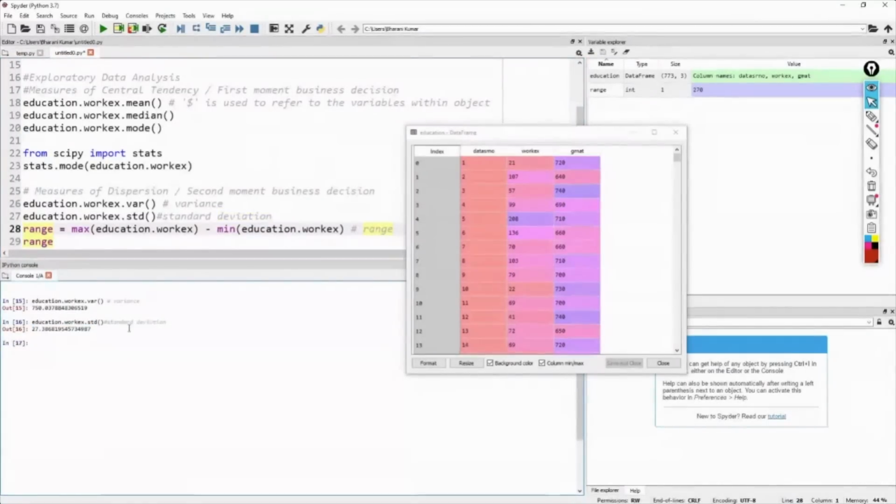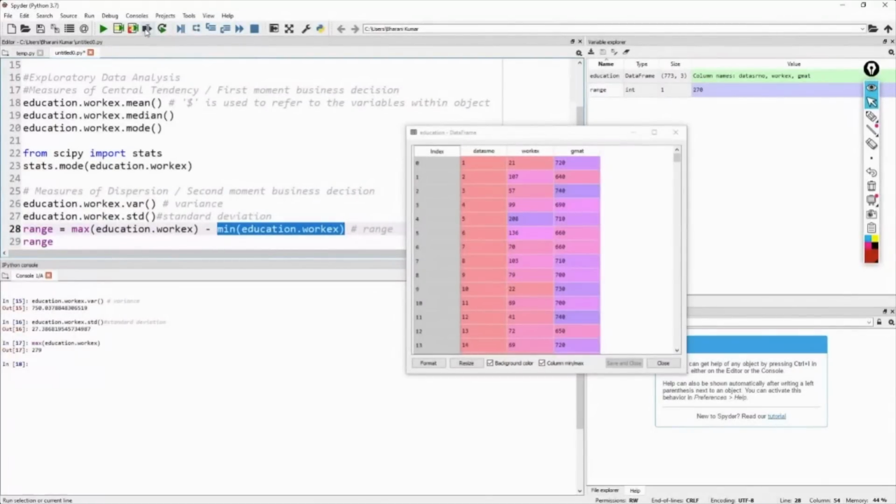For range, as you know, it is maximum value minus minimum value. You take the maximum value of this education. Within education, I'm referring to this column work experience. If I click on that, look at that. This is the maximum value. You can just highlight a portion of your code and then execute that, run that. So I'm selecting only the minimum value.